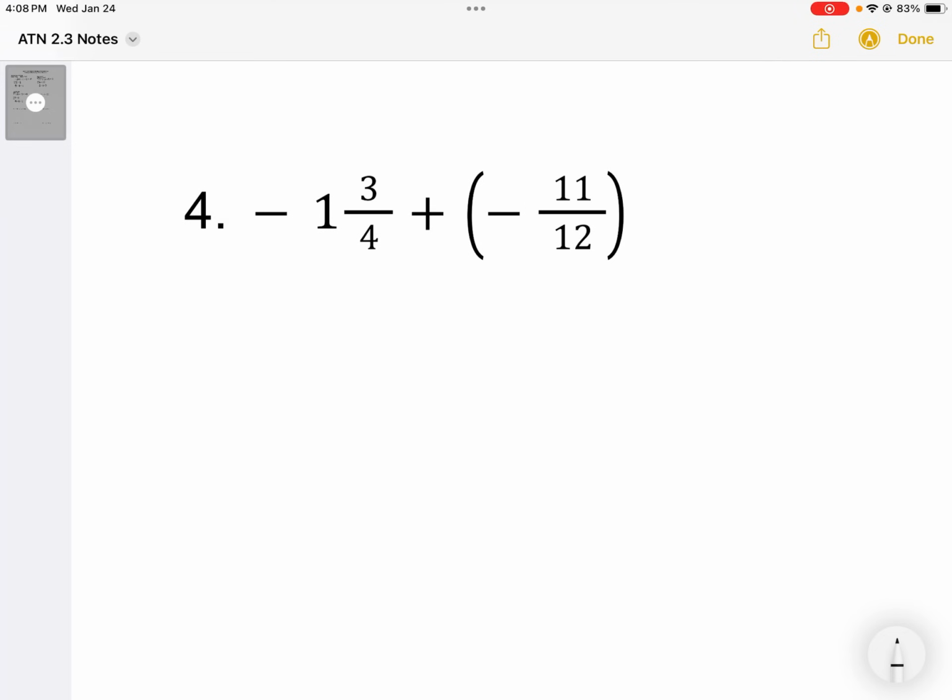Alrighty, number 4. This is an addition problem. I still need to recognize if this is same sign or different sign. They are the same sign, negative 1 3/4 and negative 11 over 12. Because they are same sign, I will do what the sign says in the middle, which is addition.